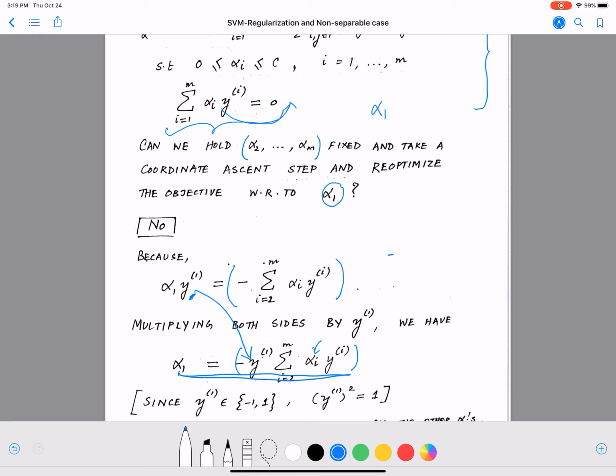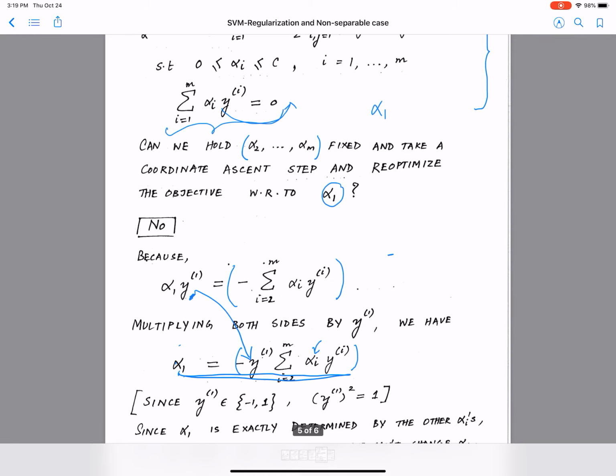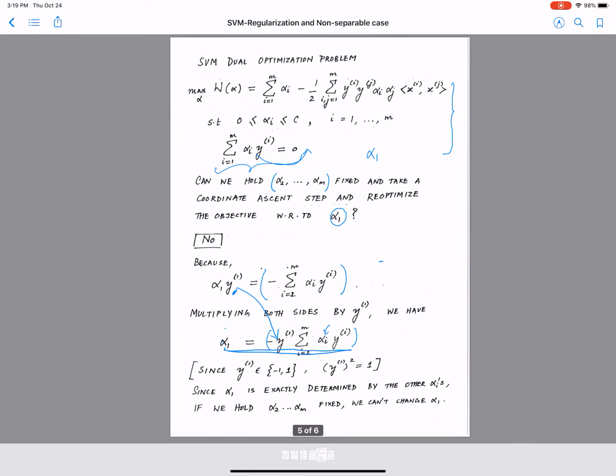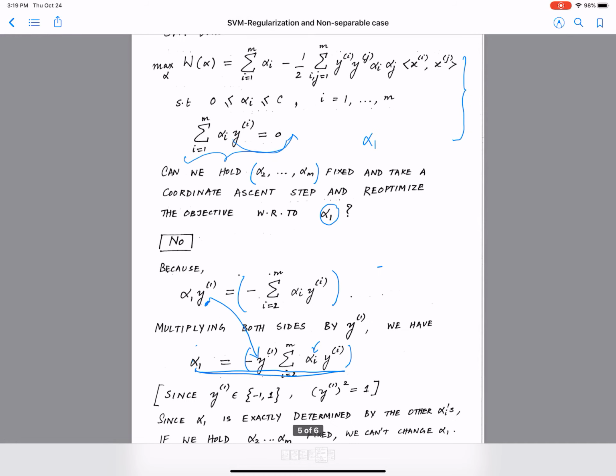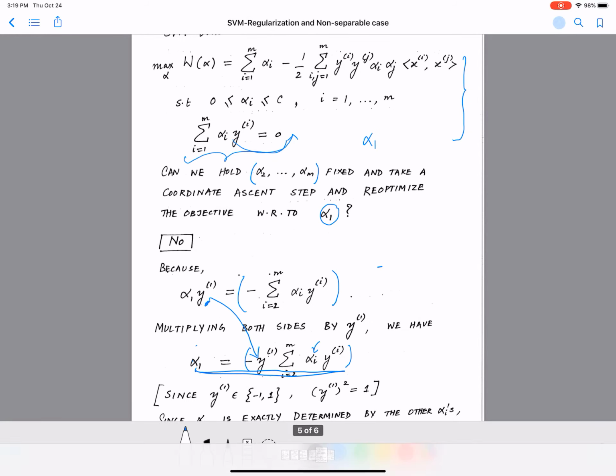Which is why we can't update one alpha without updating other alphas, right? Since alpha 1 is exactly determined by the other alpha i's, if we had to hold alpha 2 to alpha m fixed, we can't change alpha 1. That's why the coordinate ascent algorithm cannot be directly used, but still there is hope.